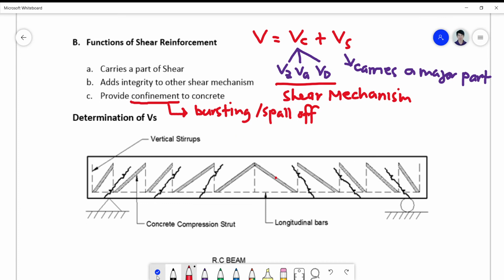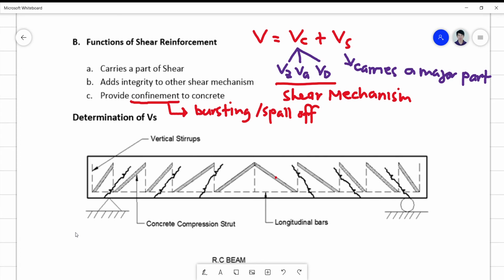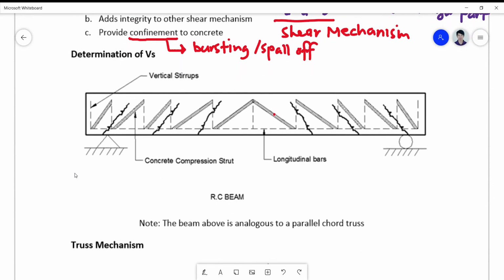In this figure we can see an RC beam which undergoes shear cracking.